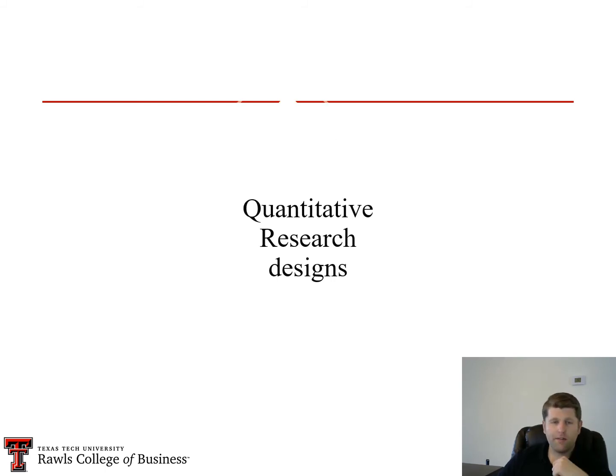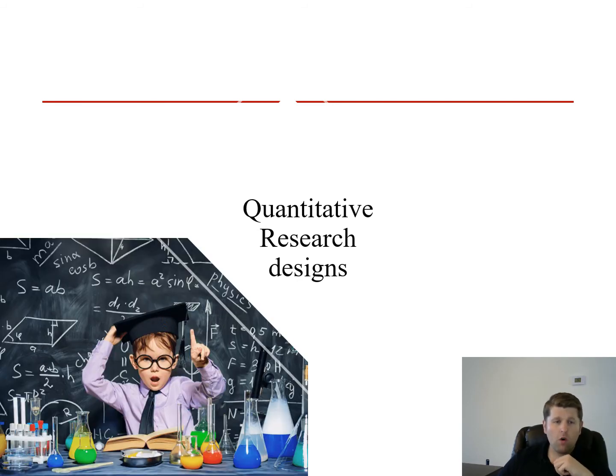So with quantitative research designs, we have 4 that are very common. One is experiments, which I kind of alluded to previously in this lecture, and some that you may be familiar with in science, but they also apply to marketing and marketing strategy. One of the most common ones is A/B testing, and A/B testing can happen in a lot of ways, but we could think about this in the most basic form.